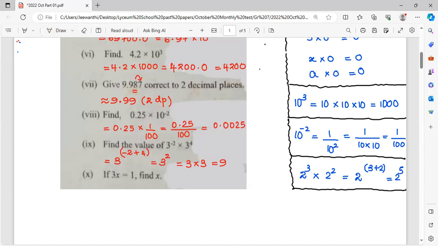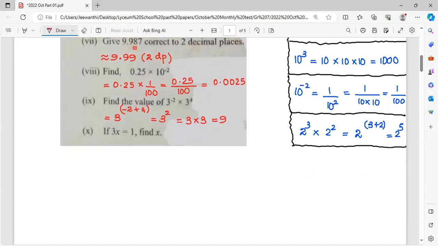So then we will move to the last sub question of this paper. The 3x, wait children, the pen is not working. 3x is equal to 1.